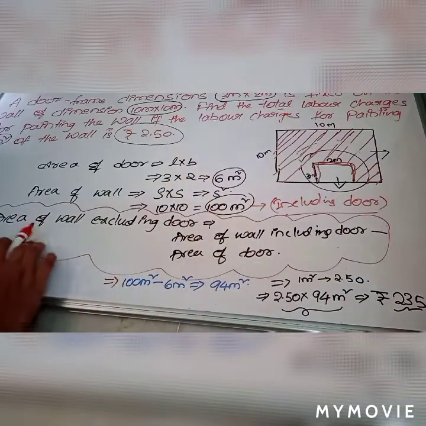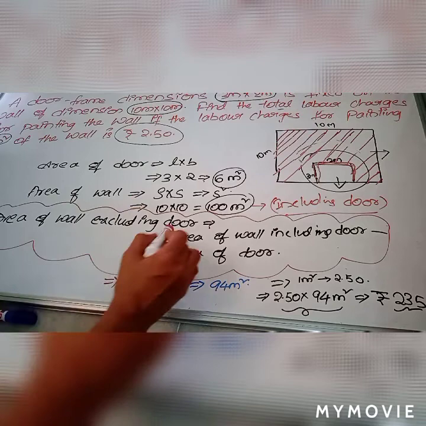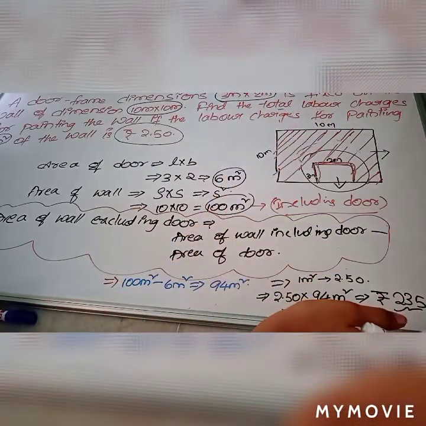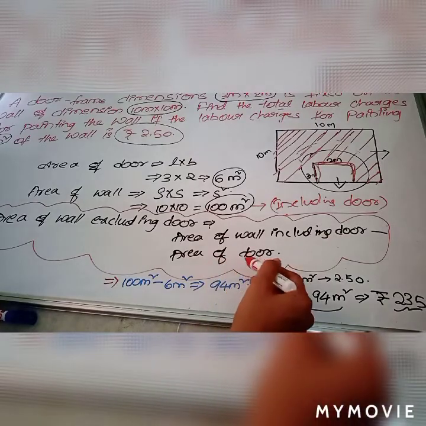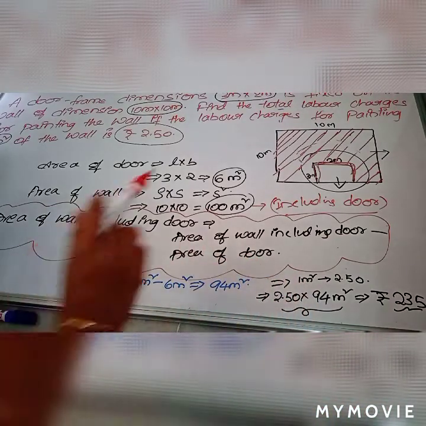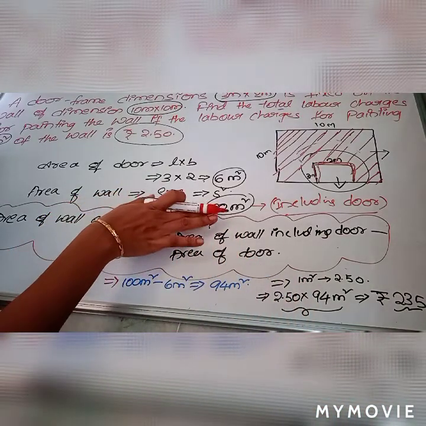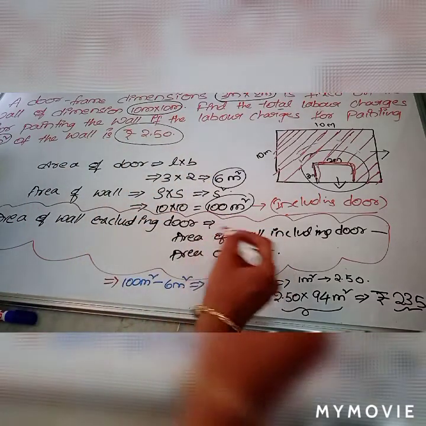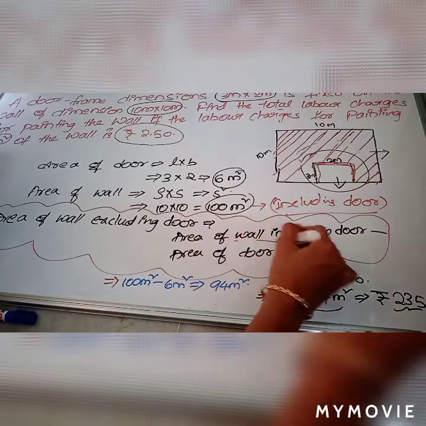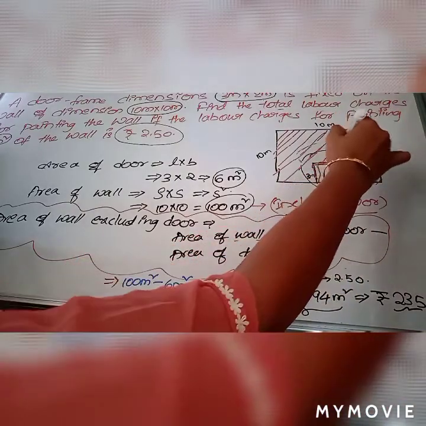So the next step is area of wall excluding door, means we are removing this door, that is equal to area of wall including door minus area of door, means we are subtracting 100 minus 6 square centimeters. We are subtracting the area of wall, that is including door, and the area of door.